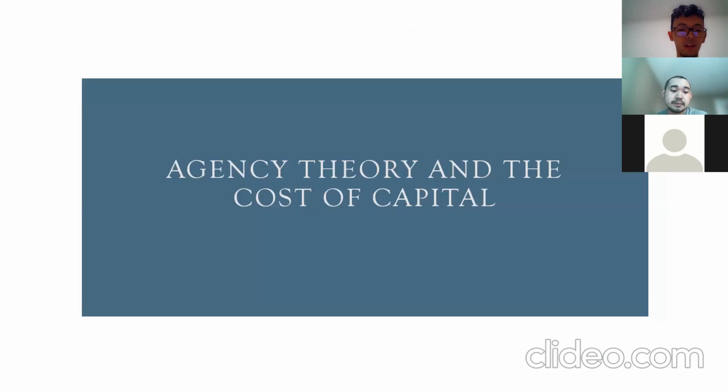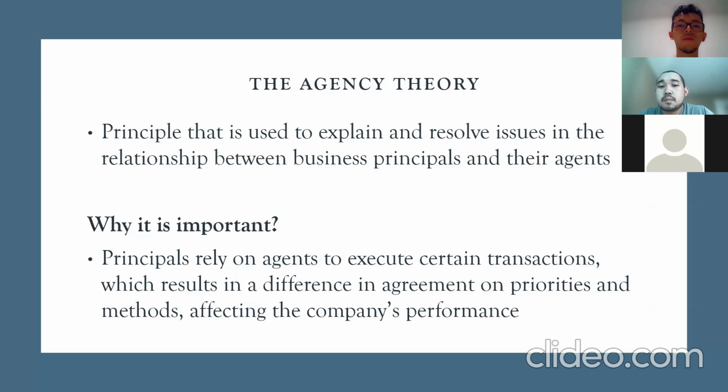Okay, finally, the other concept that we could look at in the article, even if it is not in the title, is agency theory: how agency theory affects the cost of capital in small and medium enterprises. First we have to understand what agency theory is. It is a principle used to explain and resolve issues in the relationship between business principals and their agents.